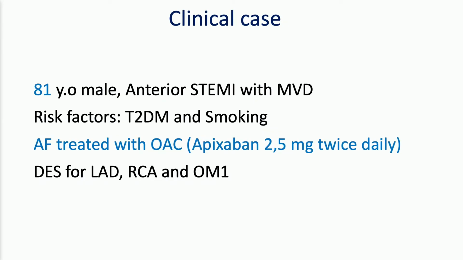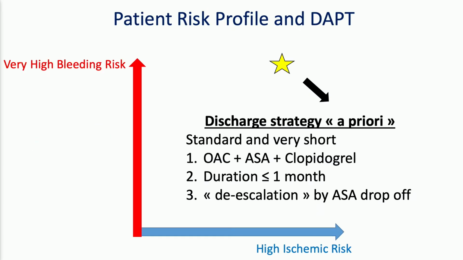But also in ACS patients, sometimes we clearly have patients with high bleeding risk, like the one who is currently being treated now in the hospital. This patient, 81, atrial fibrillation treated with NOACs and complex PCI. Of course, we had here an elderly patient with oral anticoagulation, so very high bleeding risk.